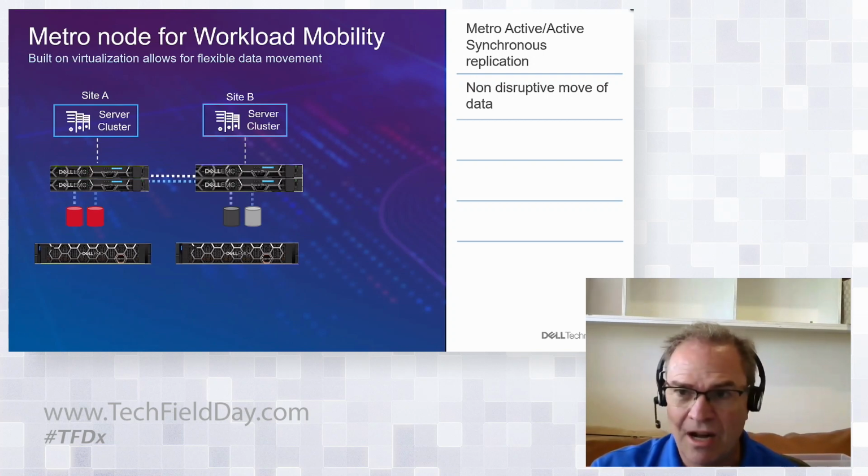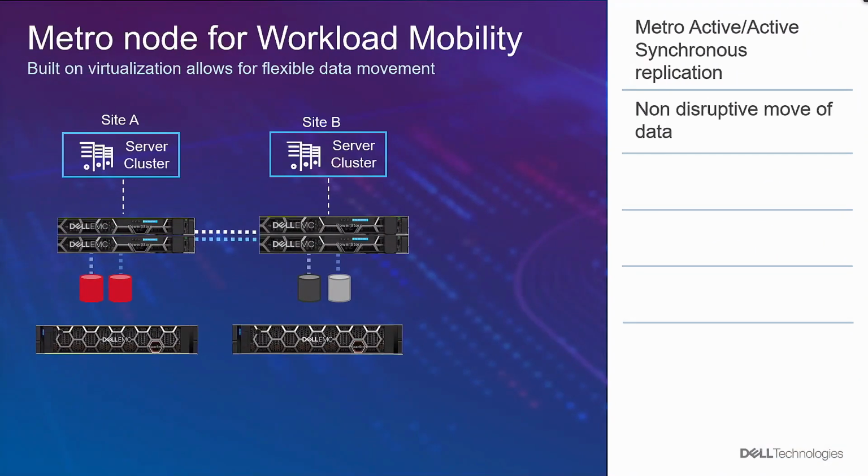So how does the non-disruptive move of data occur? Well, I'm going to give you an example. On the left, we have two red volumes. I'm just indicating that we want to move those for whatever reason. It could be one of those use cases we mentioned earlier, or even if you have a performance impact on site A, for instance, and you need to move some resources off that site to a different data center.